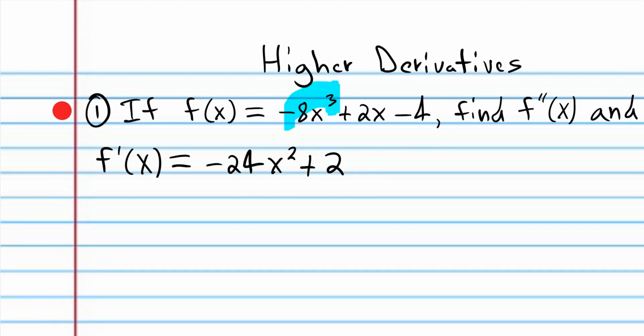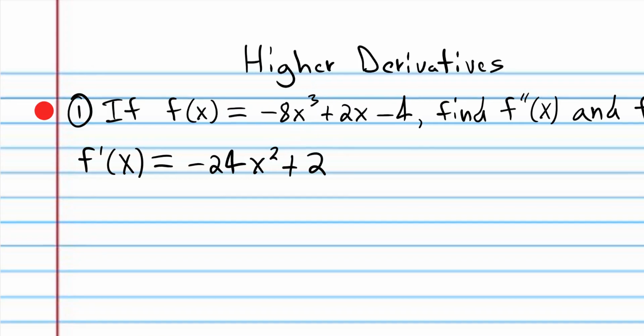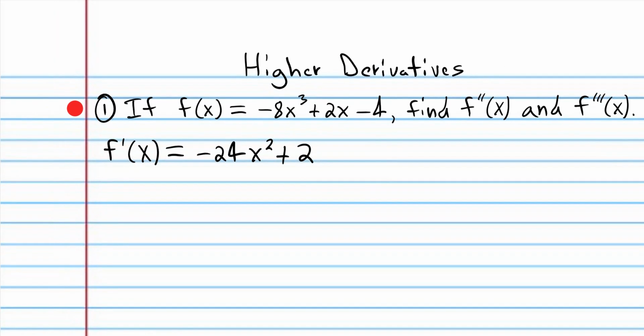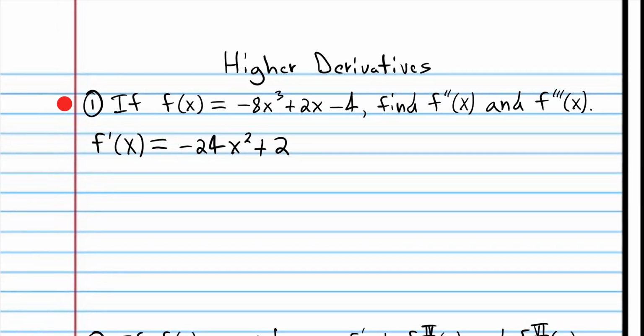The exponent comes down, is multiplied into 8, and the new exponent is one less than the old exponent. So that is the first derivative. That is the rate that the y values of the points of this graph are changing as x changes. How fast are the y values changing as x changes?